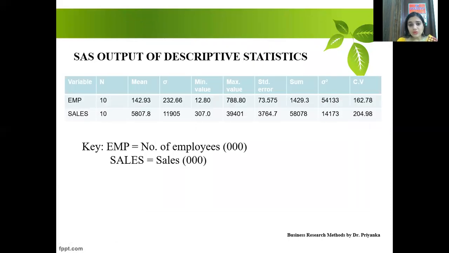And this would show you output like this. For example, for descriptive analysis, mean, standard deviation, minimum value for that particular variable, maximum value, standard error, and their sum, the total sum of the values. Like this, you will be getting the table, and you can analyze it then.